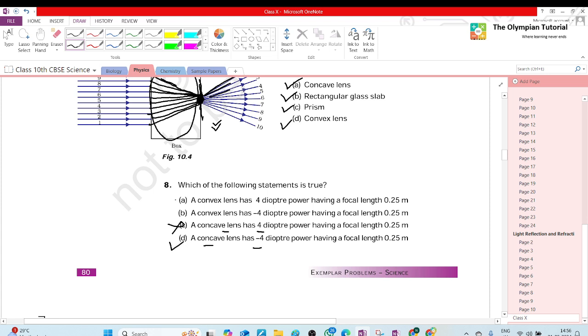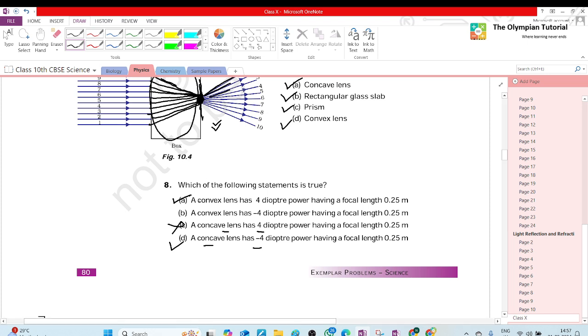And convex positive. Now look, between A and C, which will be correct? Ma'am, I think it's option A.